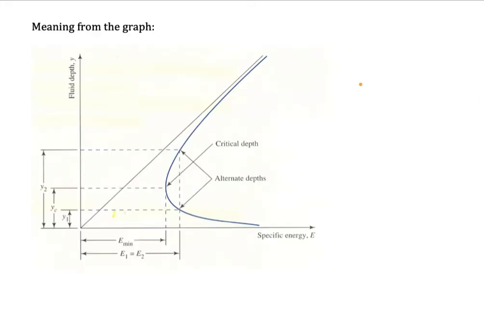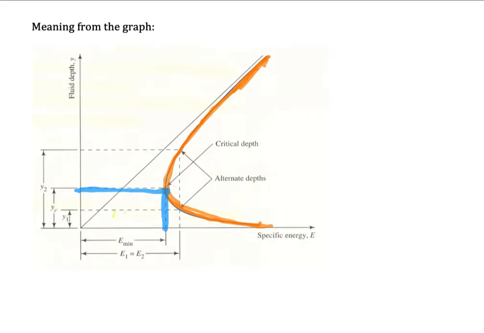Okay, so what can we get from the graph? We focus on the total energy line here. On the total energy line, you will find that the curve is actually a quadratic curve, and it has one maximum point here.